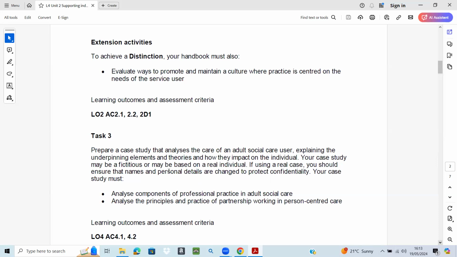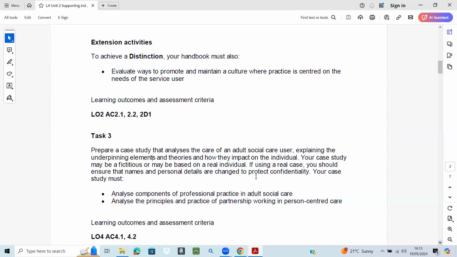Your case study may be fictitious or may be based on a real individual. And do make sure that if we are using a real individual, then it should be anonymous. We cannot give details of a service user.